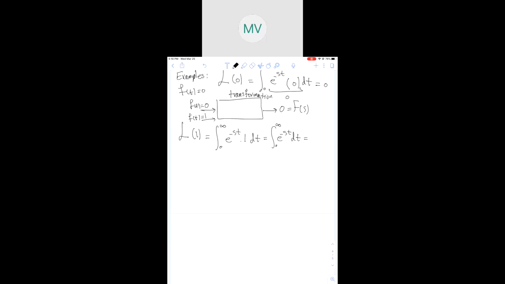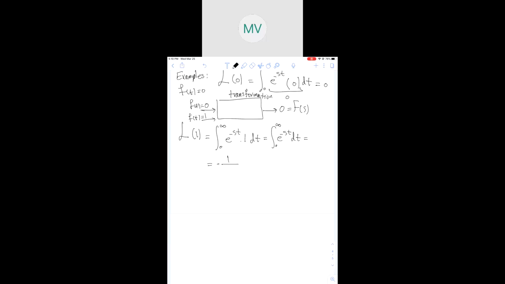Because there are two of them, s and t. We are integrating with respect to t. Beautiful. So s with respect to t is a constant. So it's like you're integrating e to the negative 5t, right?